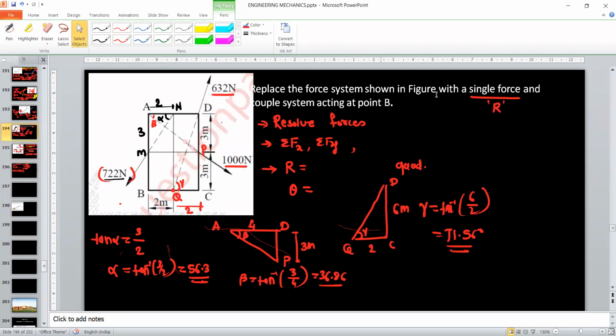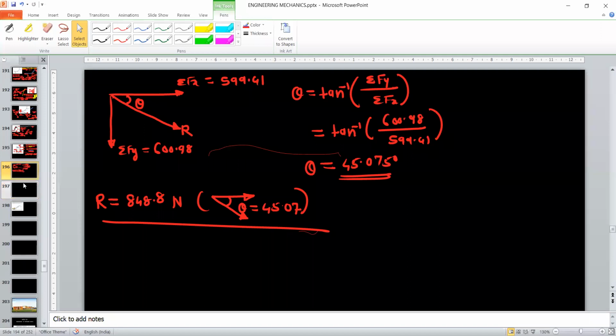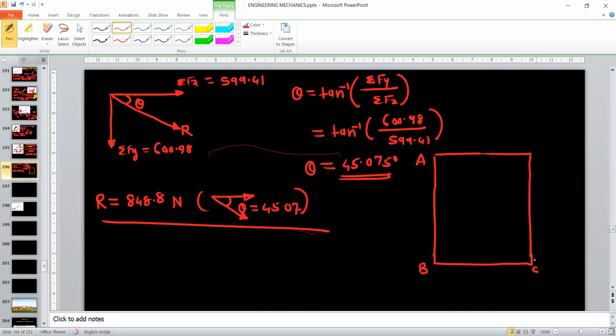Now the next question is, we have to shift this resultant. Replace the force system by a single force and couple system at point B. For that we have to find the moment at point B. So this is the given object, I think this is A, B, C and D. The resultant is like this.